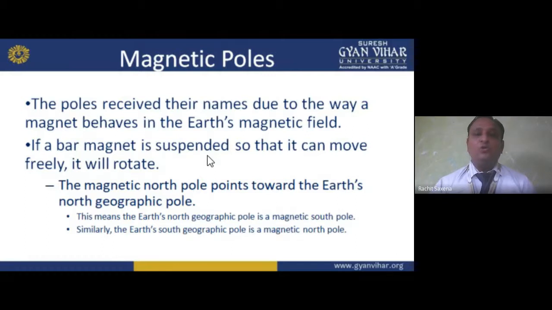As I told you earlier, opposite poles attract, unlike poles attract, and like poles repel. So the north pole of the magnet is attracted by the geographic pole of the earth, which is the south pole.